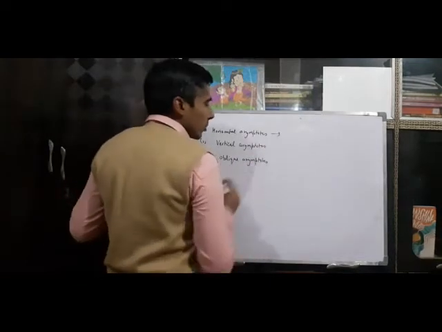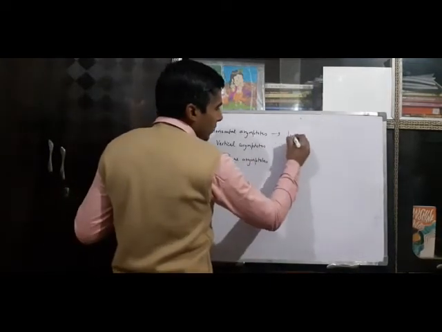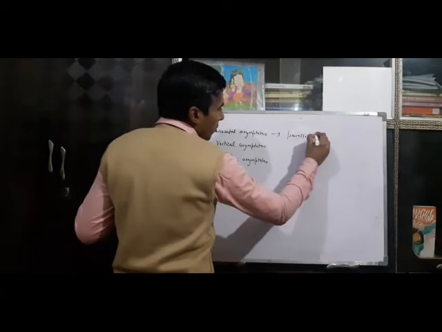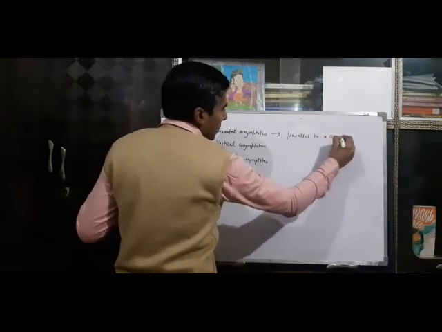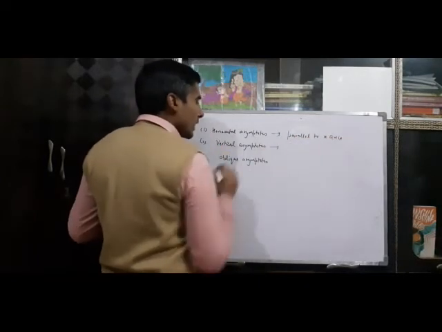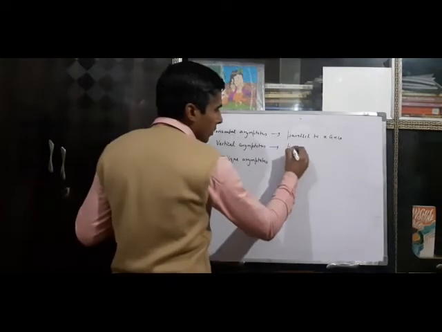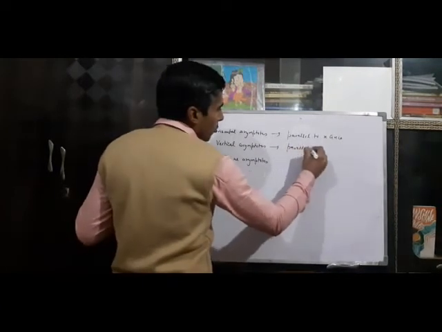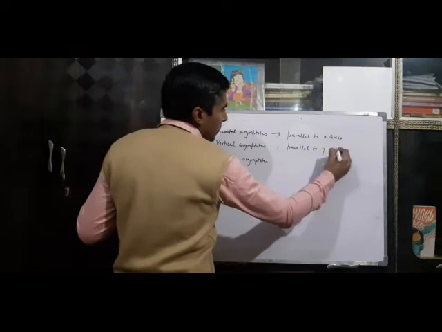Horizontal asymptote means an asymptote parallel to x-axis. Vertical asymptote means an asymptote parallel to y-axis.